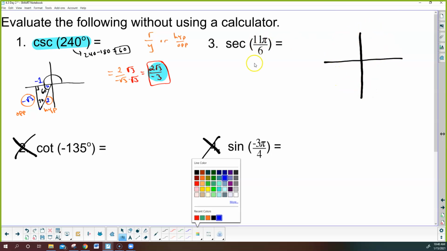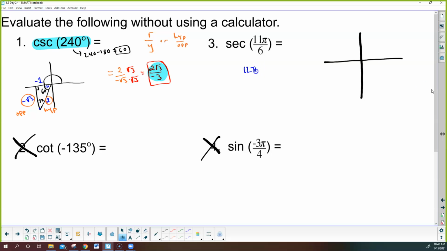If I went 12, notice this. What if it was 12 pi over 6? Isn't that the same as 2 pi? So I am 1 pi over 6 less than all the way around the circle, which is how I'm going to draw this triangle. I'm going to go all the way around except for 1 pi over 6. Okay?